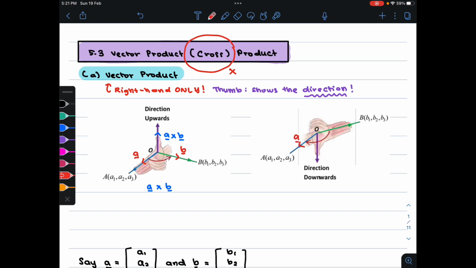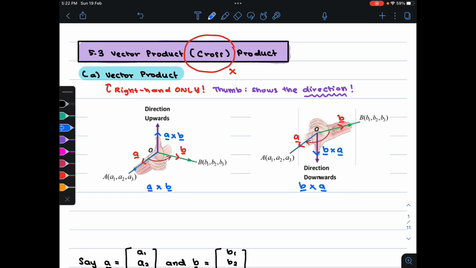Let's call that vector A. And this one is vector OB, or vector B. So let's say I want to do vector B cross with vector A. So we need to put our straightened fingers towards the first vector, which is B. And then you're going to curl your fingers towards the second vector, which is A. So as you can see here, when you do that, your thumb will point downward. And that's the direction of the vector product, which is B cross A.